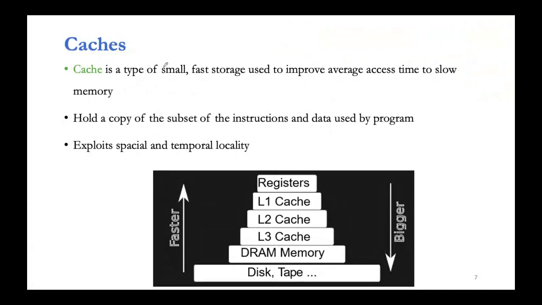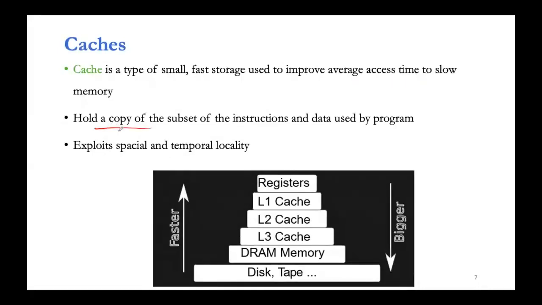So as said, the cache is a type of small fast storage which is used to improve the average access time to slow memory. It plays an important role between your CPU core and your memory. So what does it do?